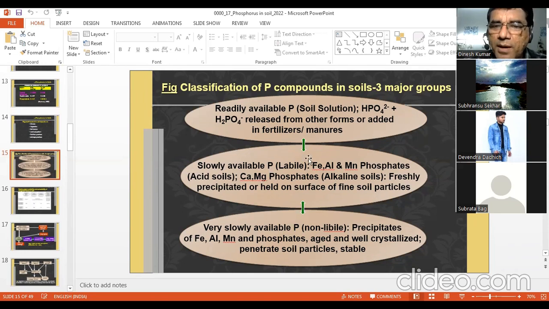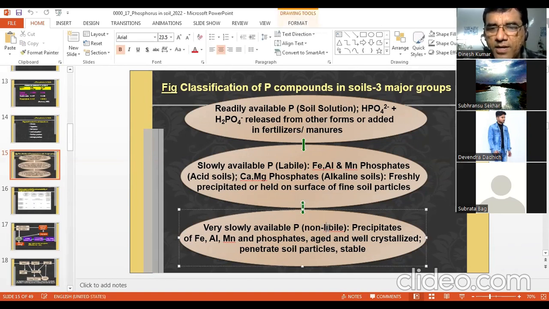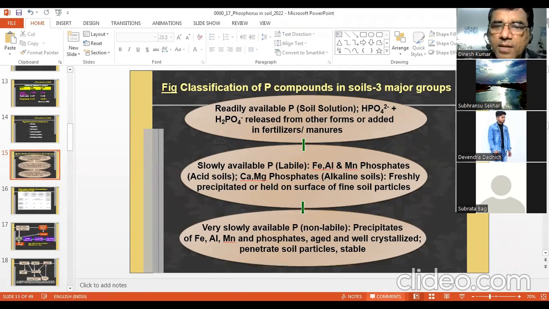Now, where will this labile phosphorus come from? This labile phosphorus will come from non-labile phosphorus. This is known as very slowly available phosphorus, or non-labile. Spelling is wrong, it is L-A-B-I-L-E. These are the precipitates of iron, aluminum, manganese, and phosphate, but they are aged.